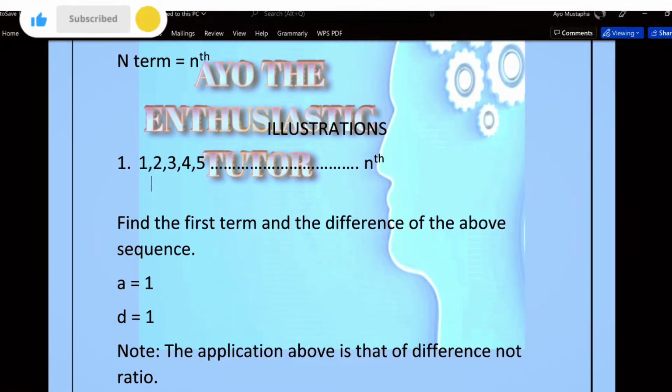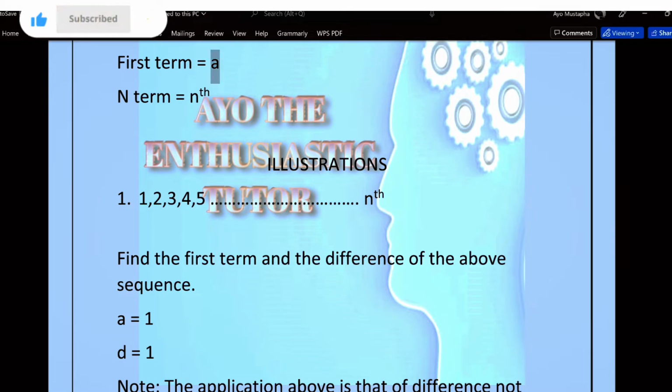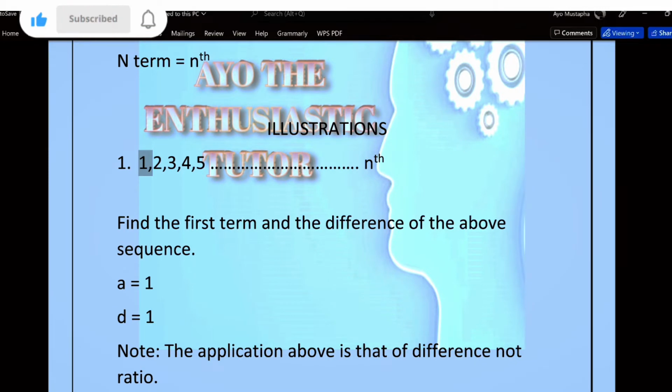We are instructed to find the first term, A, as we have denoted here. Our first term equals A, so we have A equals 1.